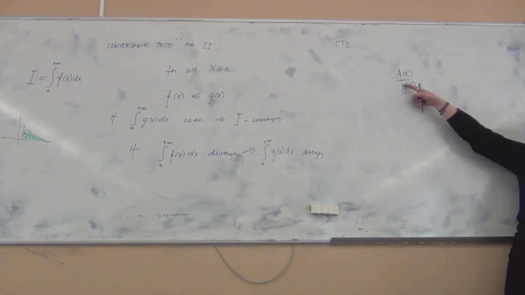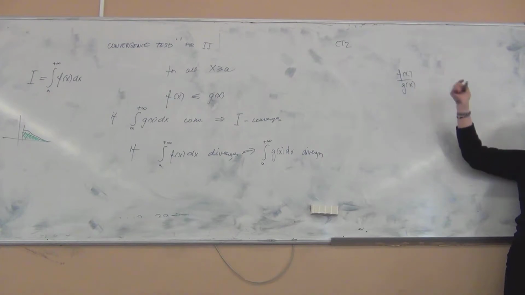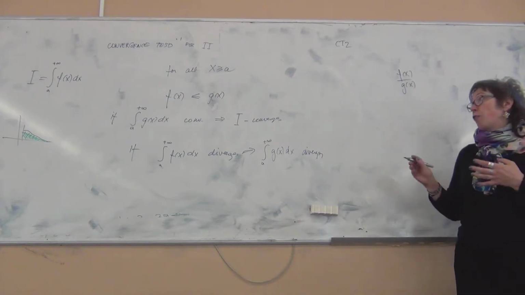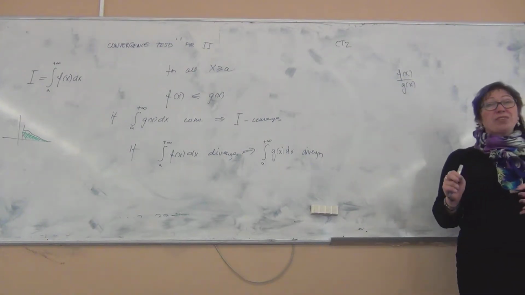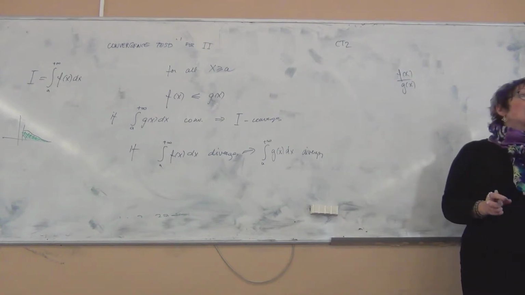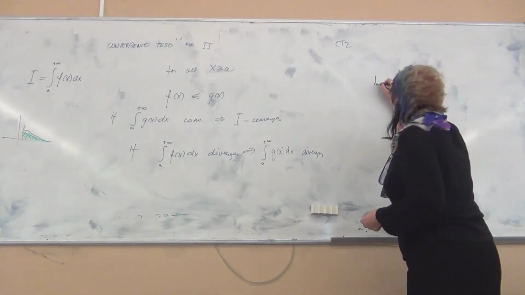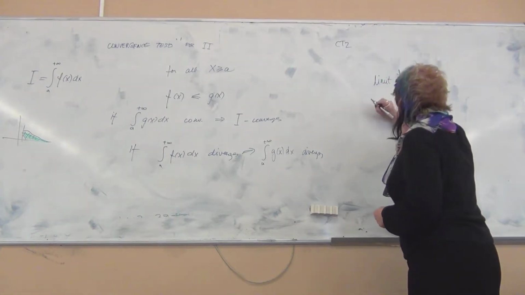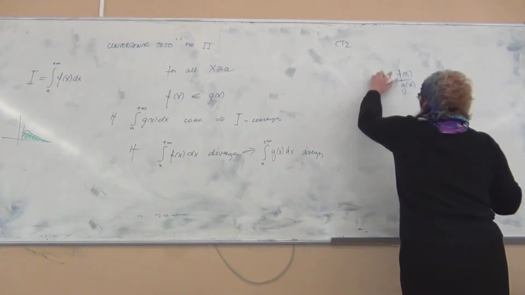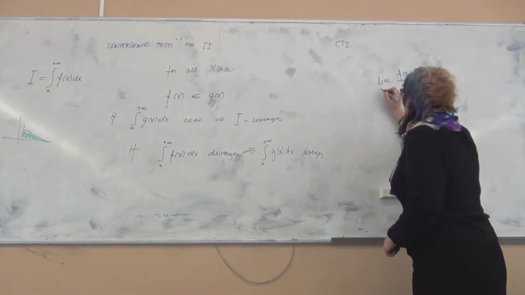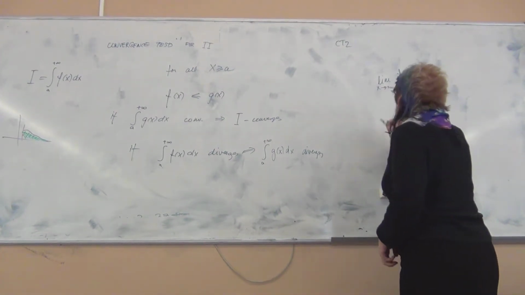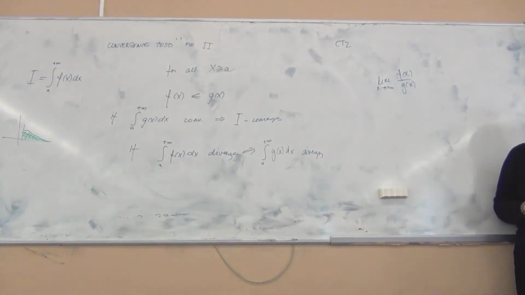But of course, that's no help because that would work only for f of x and k times f of x. And therefore, we actually consider the limit of this ratio. So we can also call this the limit comparison test. The limit as x tends to plus infinity of this ratio.